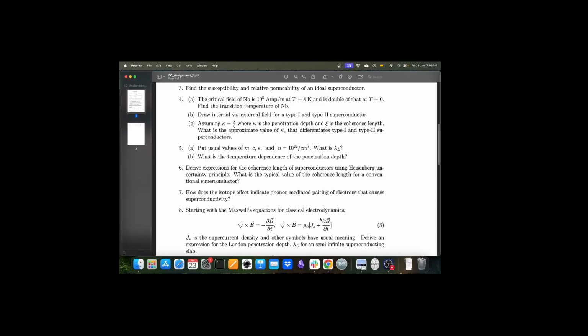So what is mu r? We directly know that mu r is 1 plus chi, right? So given that you have chi equal to -1, it will be 0. So there is no relative permeability for an ideal superconductor. So mu r is 0 for an ideal superconductor. Okay.